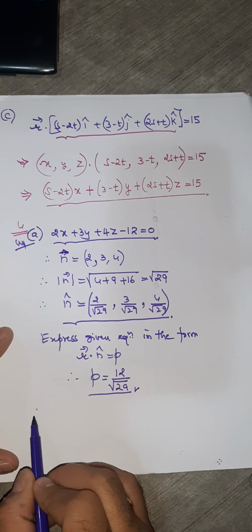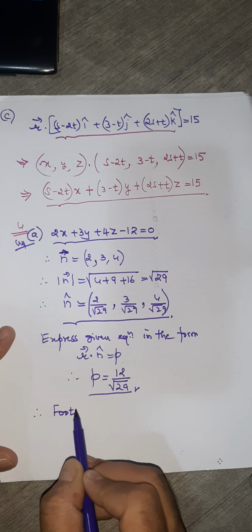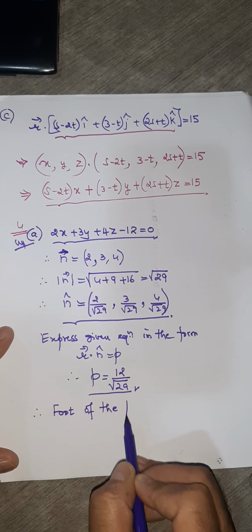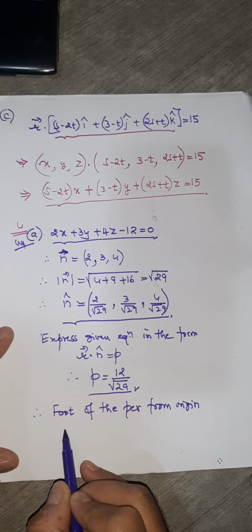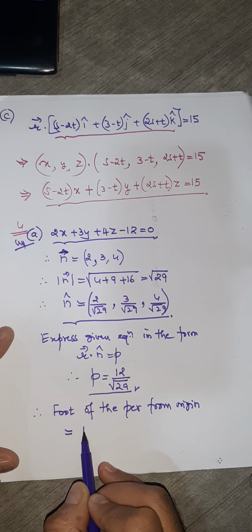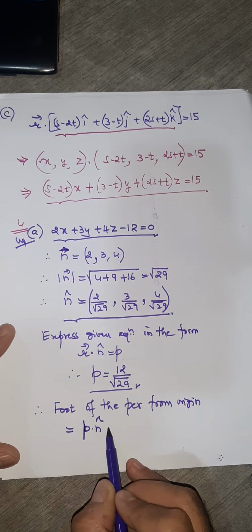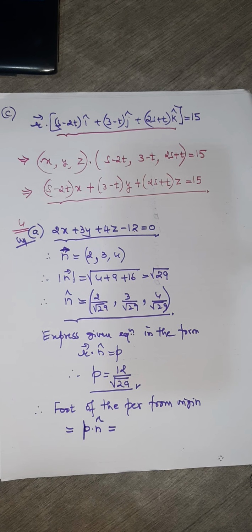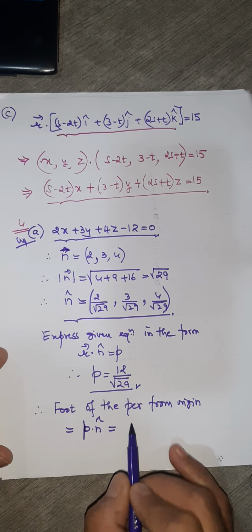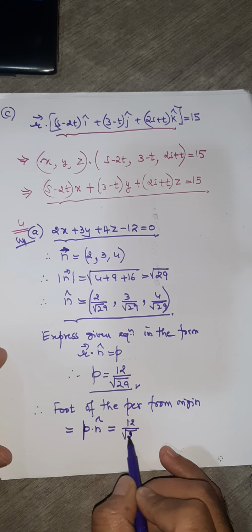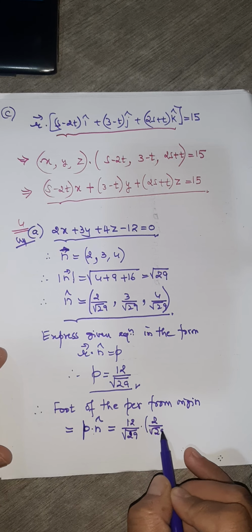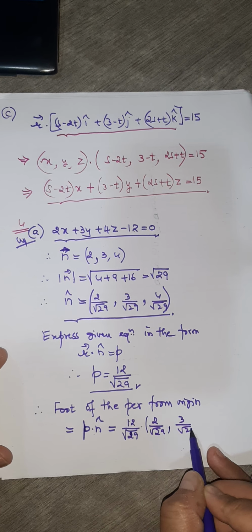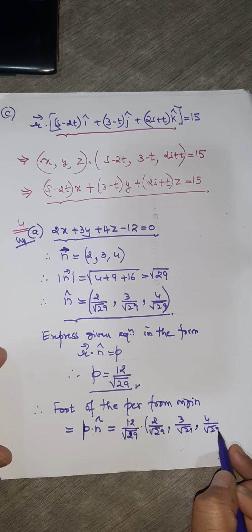This is n cap. Therefore, the foot of the perpendicular from where? From the origin, that is equal to small p into n cap. Small p is 12 by root 29. So what we'll get from this? 12 by root 29 times that, scalar product, n which is 2 by root 29, comma 3 by root 29, comma 4 by root 29.